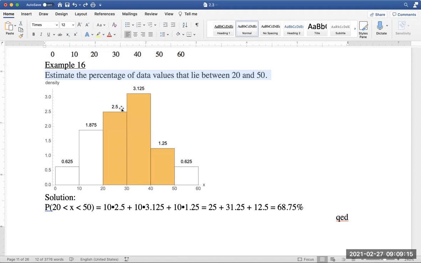So 10 times 2.5 is 25, plus 10 times 3.125 is 31.25, so that gives you 56.25, plus 10 times 1.25, 12.5, so that gives you 68.75. So 68.75% of your data values lie between 20 and 50.